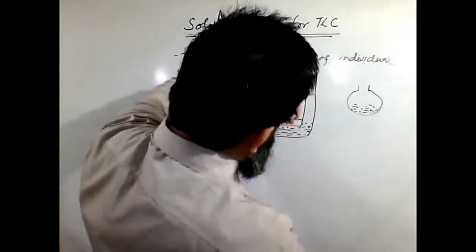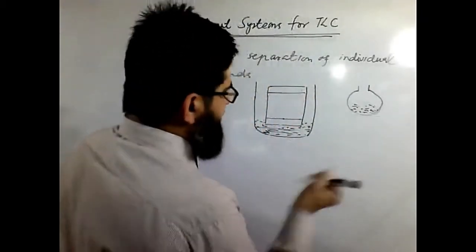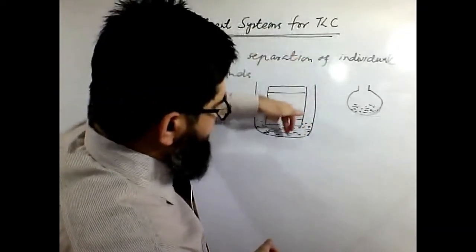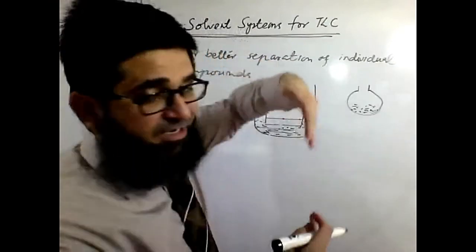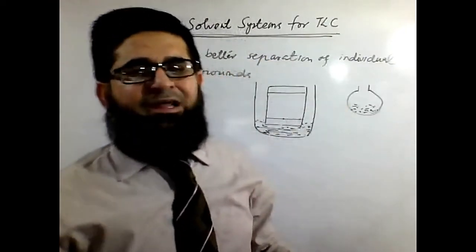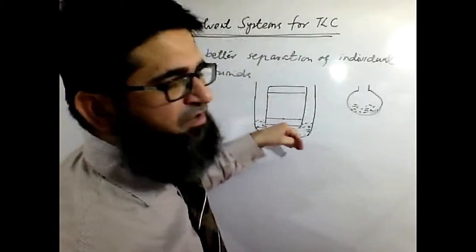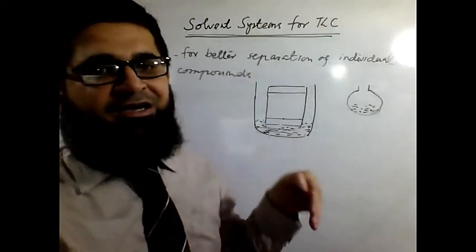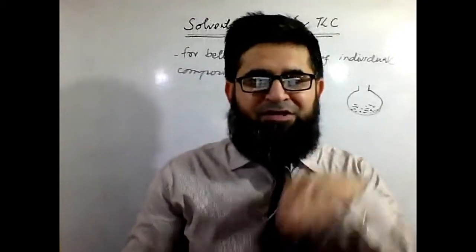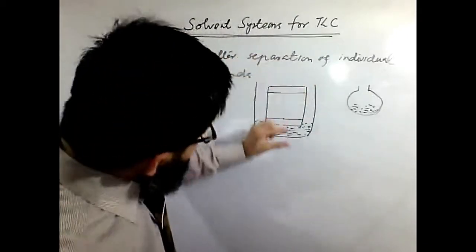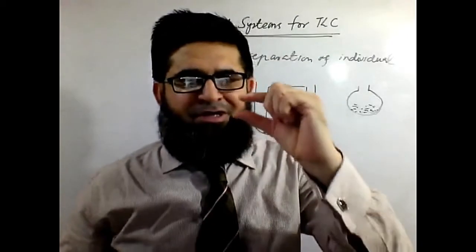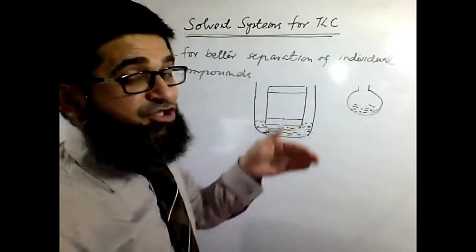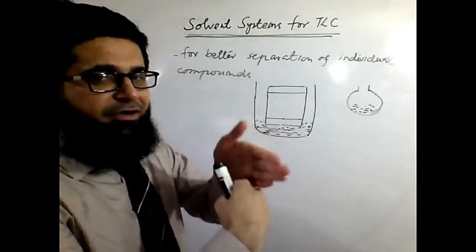If your solvent is high enough that this line directly dips into the solvent, then the movement of the molecule will be disturbed, because it has come in direct contact with the solvent. So it is better to put the solvent in a smaller amount in the beaker, so that only the lower edge of the TLC gets in contact with the solvent.